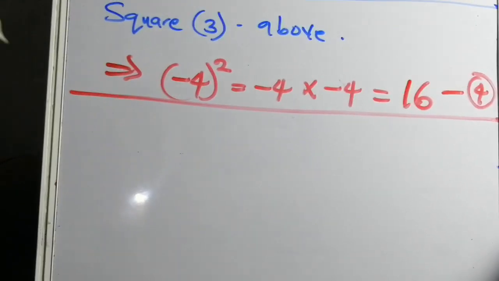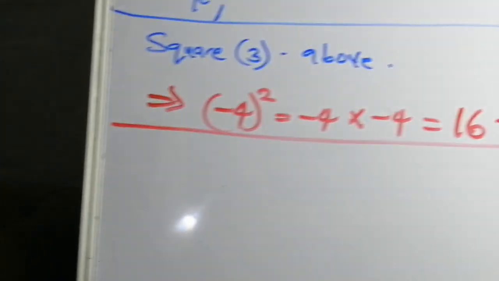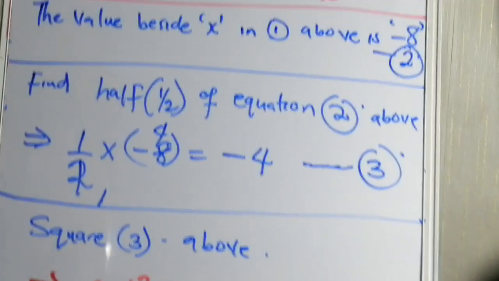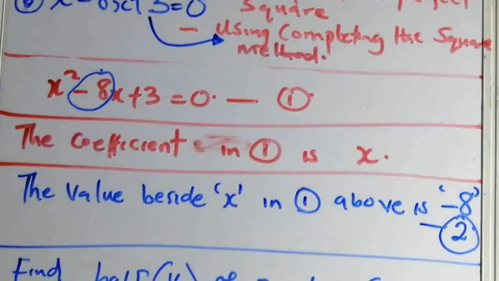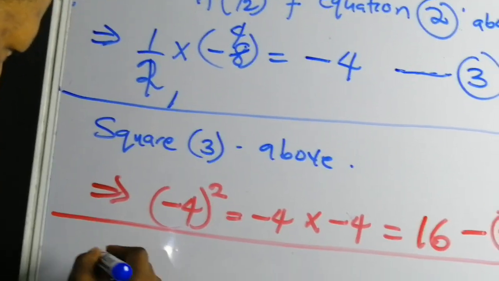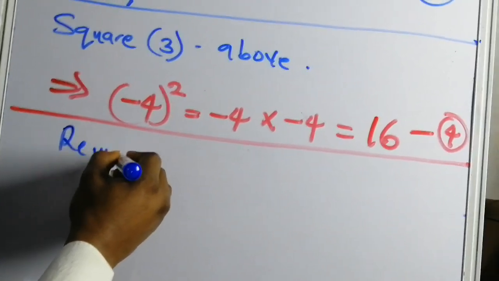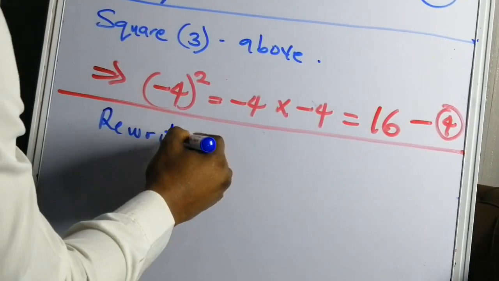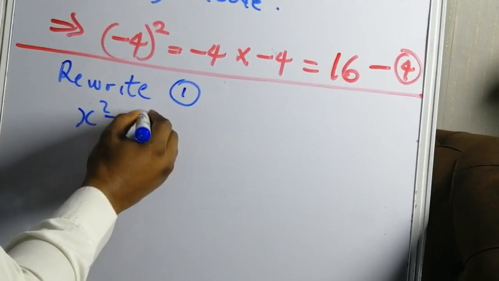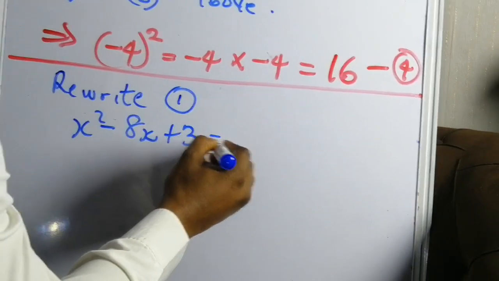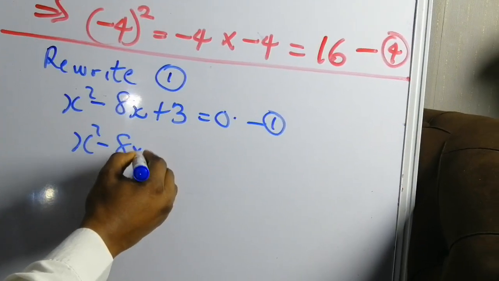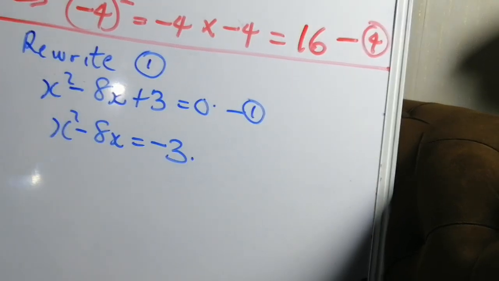So what do you do? You add 4 to both sides in equation 1. That is, I can do it in this way. Let me rewrite equation 1: x squared minus 8x plus 3 equals 0. I'm rewriting it as x squared minus 8x equals minus 3. It's still the same thing.